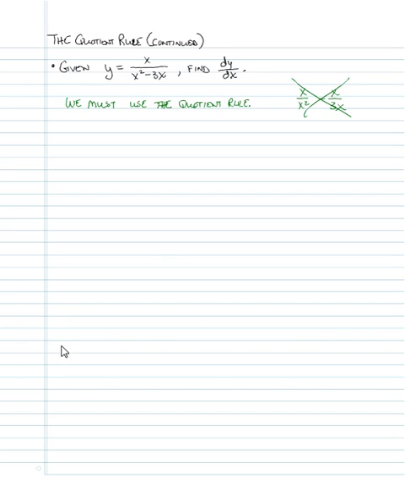We could simplify, that's another way we did this a while ago. We could simplify this fraction, and we notice that in the denominator there's a common factor of x, and so we could factor it out and have x times x minus 3, and then we could cancel. And so we would end up with y is 1 over x minus 3. But again, we can't break this into two fractions.